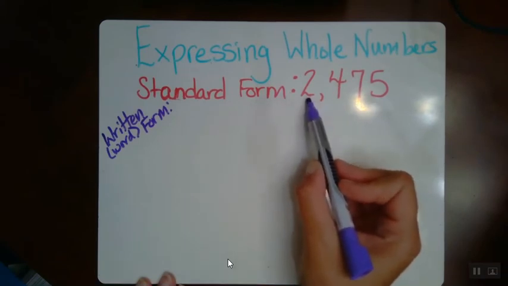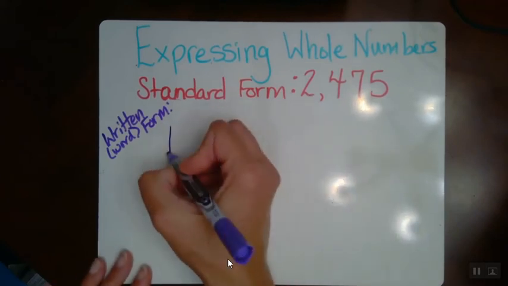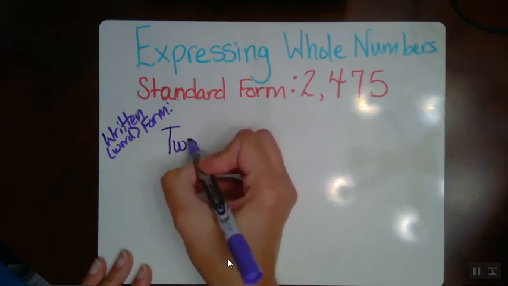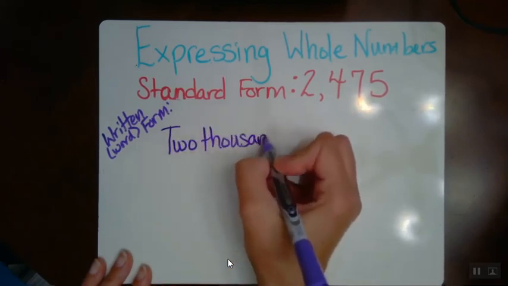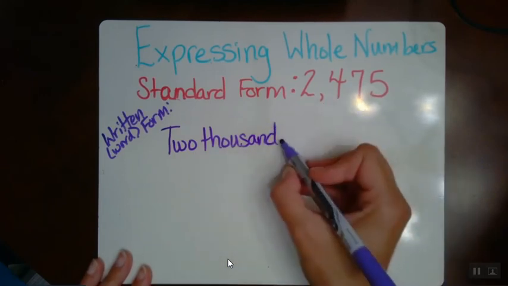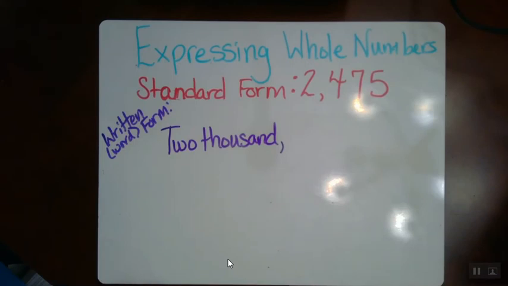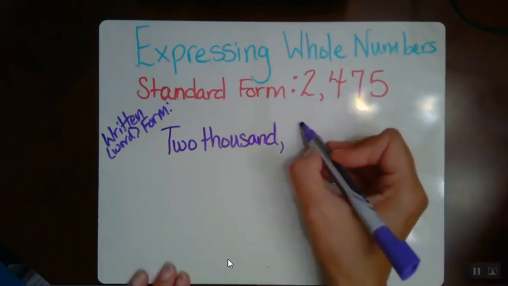That 2 is in the thousands place in the thousands period. So I'm going to read that as 2,000. And wherever my comma is in standard form, it's going to go in the same place in my word form or written form. Next is 400.